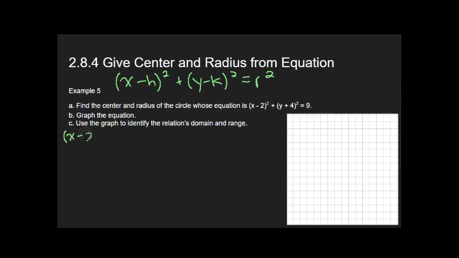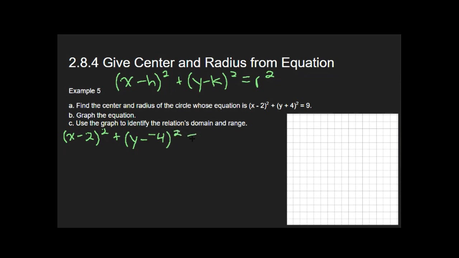(x - 2)² is already in that format, but we have y + 4. For standard form, we want it in minus. So let's change it to y minus. And in order to get that minus there, we need to change the positive 4 to a -4. y minus -4 is equal to y + 4.